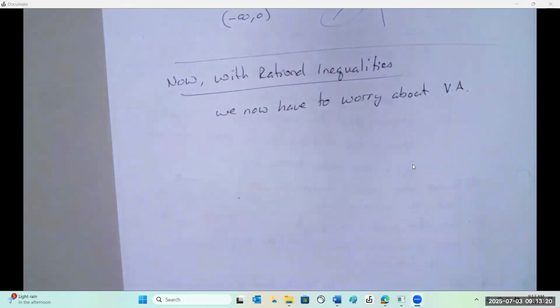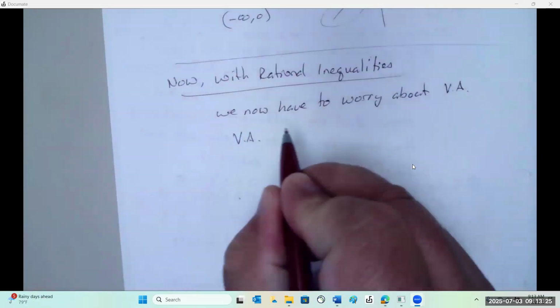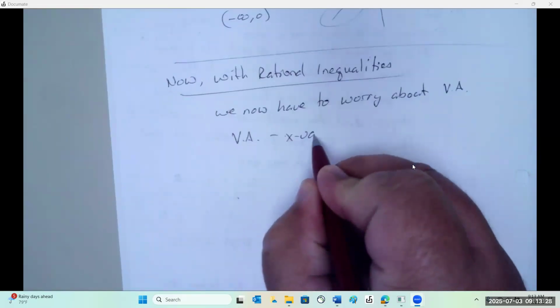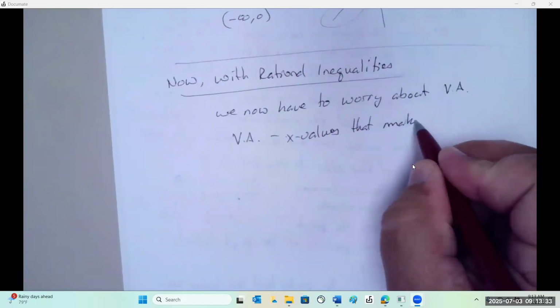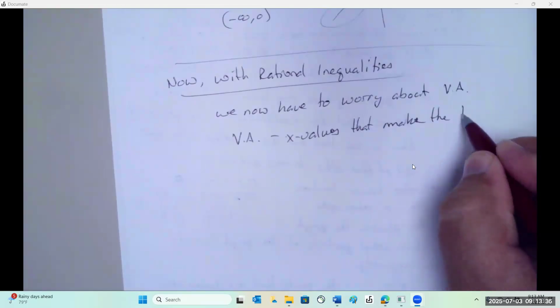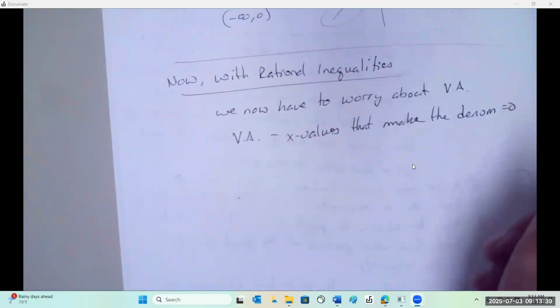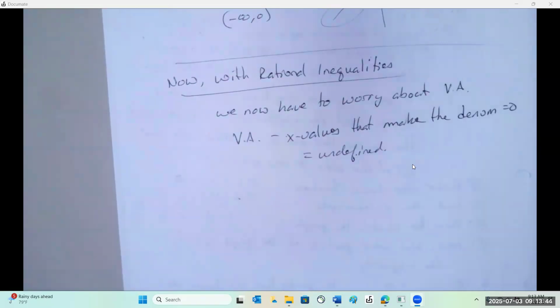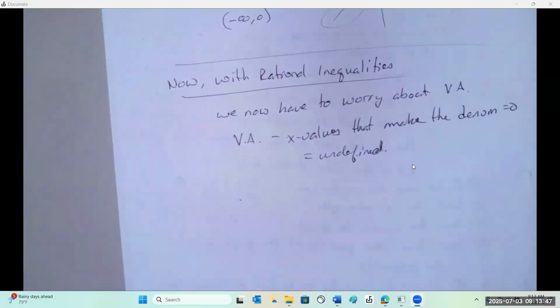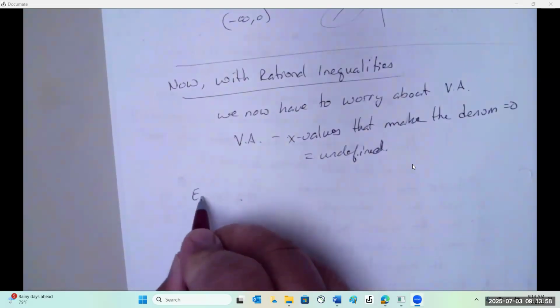What are vertical asymptotes? X values that make the denominator equal to 0, which makes it undefined. So we have to not worry about that. So let's look at these examples here. Example 5.